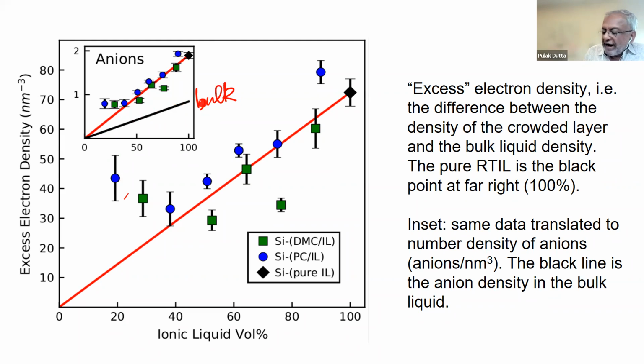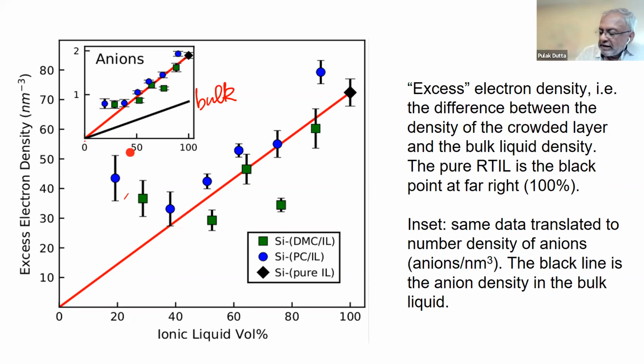So in bulk, this is per nanometer. These numbers don't mean anything. It's not going to 1, it's going to the number of anions per nanometer cubed, which happens to be close to 1. So as, of course, you dilute the system, you'll have fewer and fewer anions. And indeed, when you have 0 RTILs, you'll get 0.